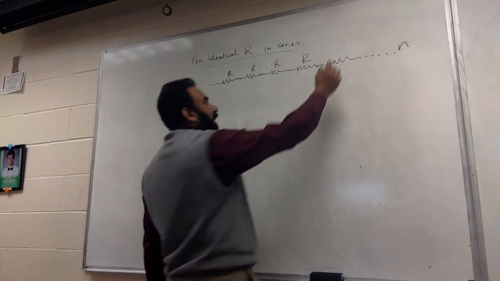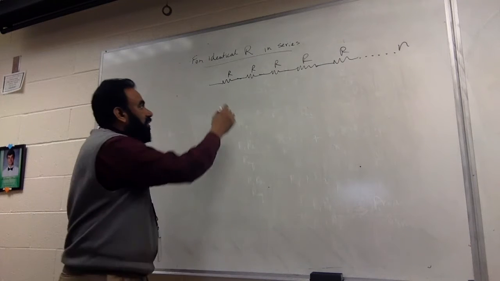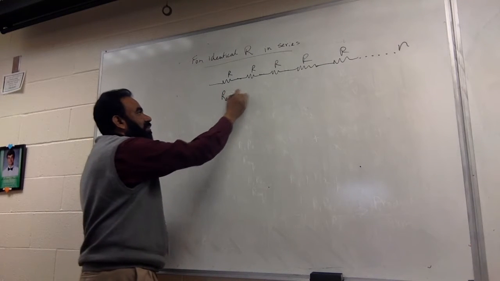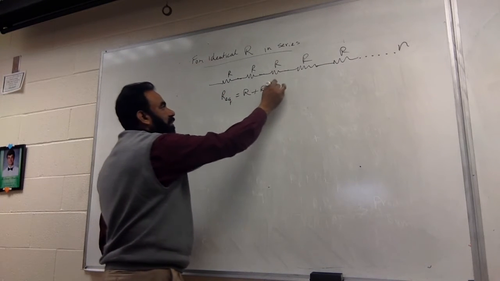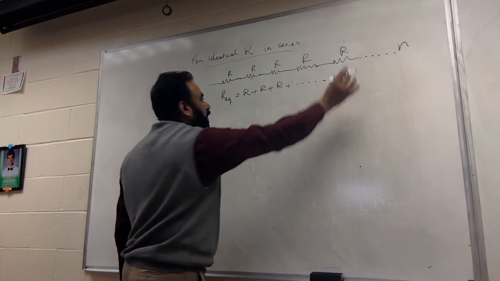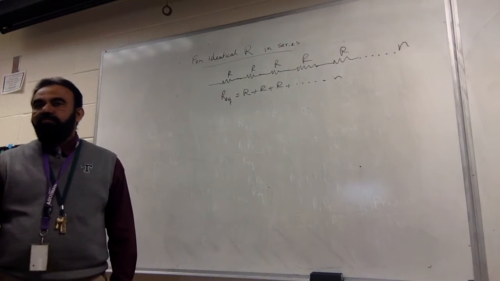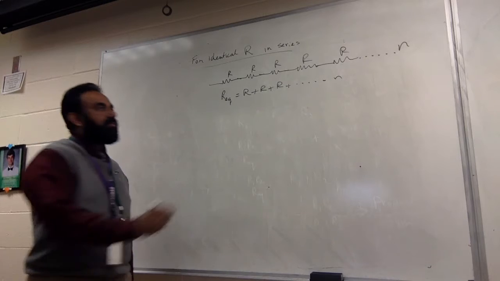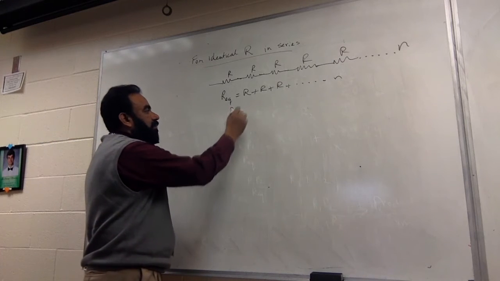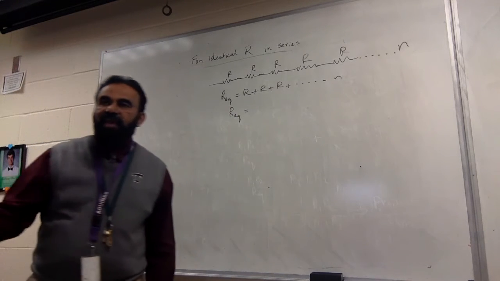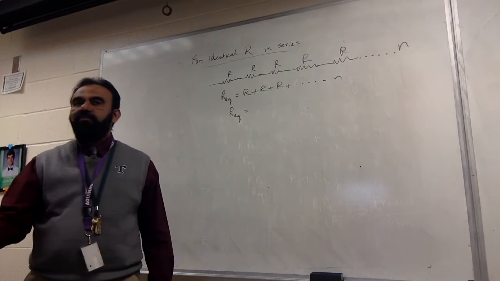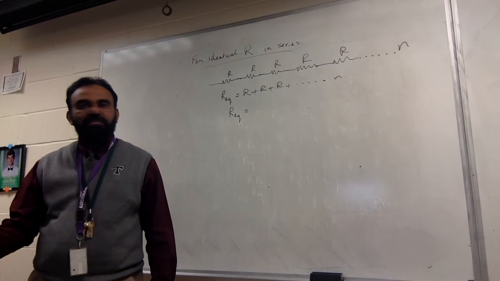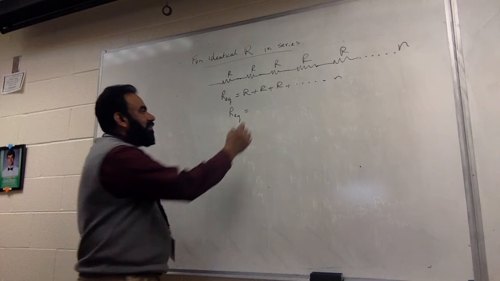You have identical resistors in series. So how do you find the equivalent resistance? R equivalent is R plus R plus R plus N of them. If you add R n times, what do you get? NR.